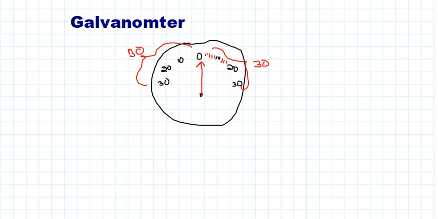What is the work of the galvanometer? It detects the current. Be clear in your mind, it only detects the current, it never measures the current. An ammeter measures the current.